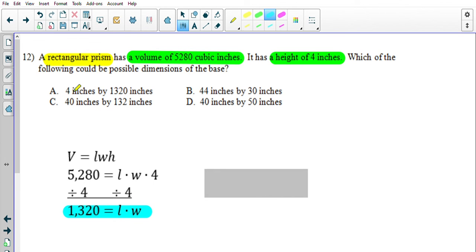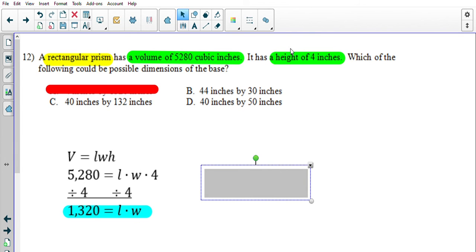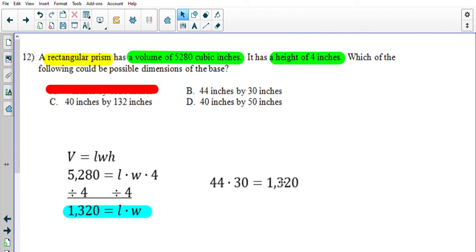Let's start with A. If this is my length and this is my width, and I take 4 times 1,320, I know for a fact that that's not going to get me 1,320. So I can eliminate that choice because it doesn't make sense. So let's go to choice B. If I take 44 times 30, what does that get me? It's going to get me 1,320. I want length times width to get me 1,320.